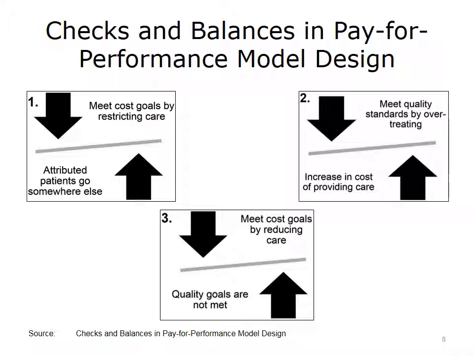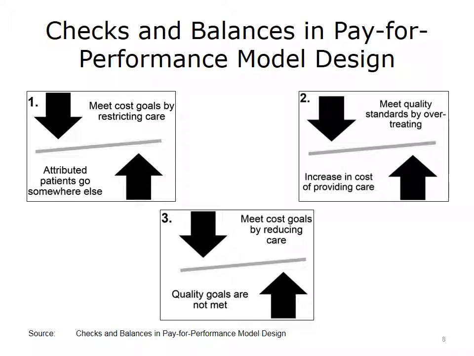For example, a provider could give less care and not charge as much in order to achieve a lower cost of care. However, there is upward pressure also from patients, because if they are not happy with the amount or quality of care, they have the ability to go somewhere else. The ACO, however, is still assigned the accumulated costs for these patients. Therefore, there isn't much reason to restrict care.